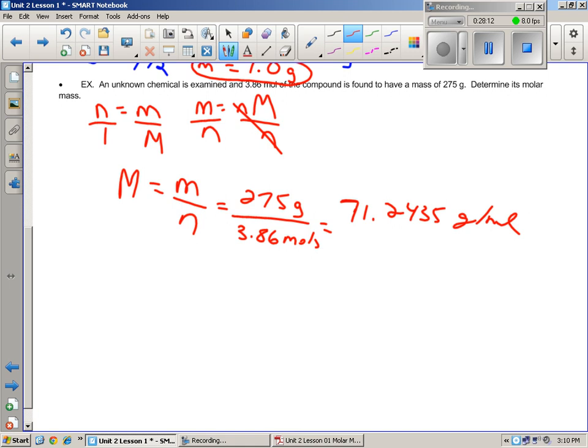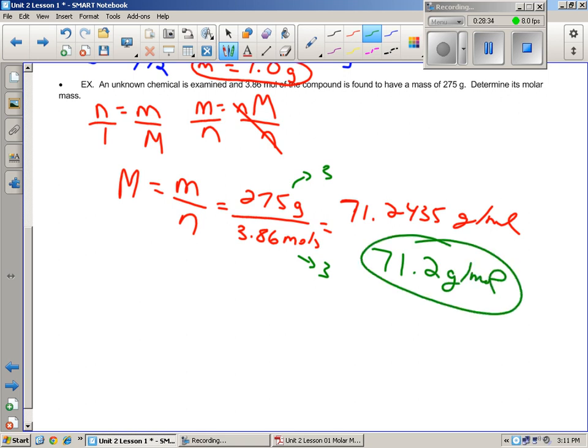I'm using a formula. So I need to go based on significant figures. This has got 3. This has got 3. I should have 3 in my answer. So 71.2 grams per mole would be my final answer here.